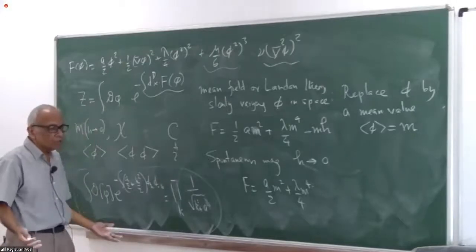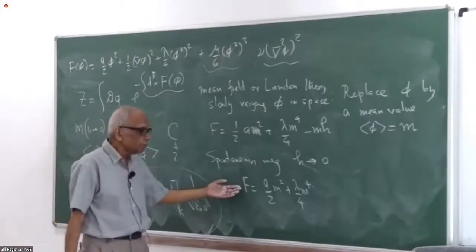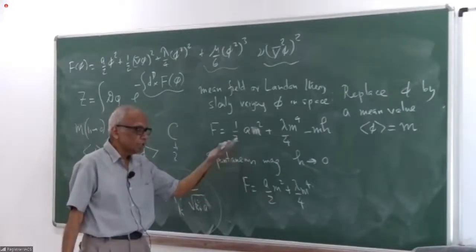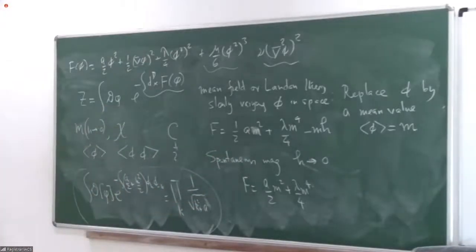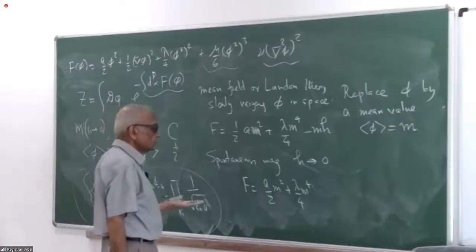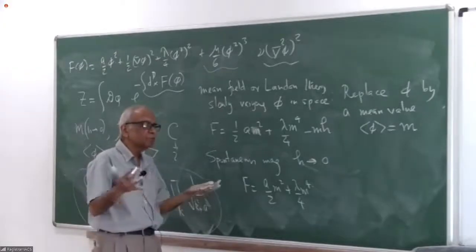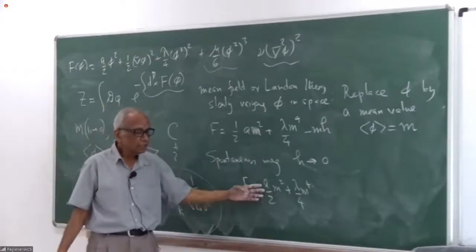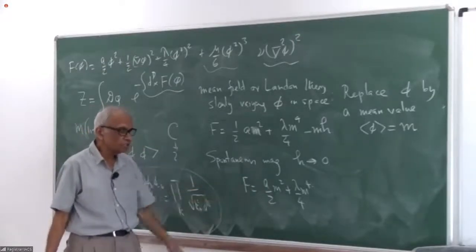So how do I calculate the magnetization? What value of m? m can have various values. What is it that you are going to observe? What you are going to observe is the value where the system settles. The system is going to settle at the minimum value of the free energy.